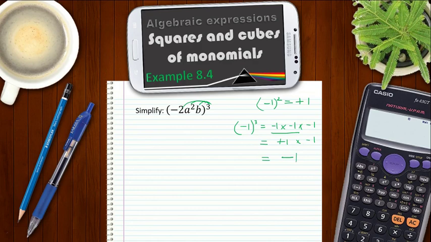So whenever I cube a negative number, it stays negative. So this is negative, then 2 to the power of 3, then a to the power of 2 times 3 is 6, and b to the power of 3. So for the last step, we have that negative. This becomes negative 8, a to the power of 6, b to the power of 3.